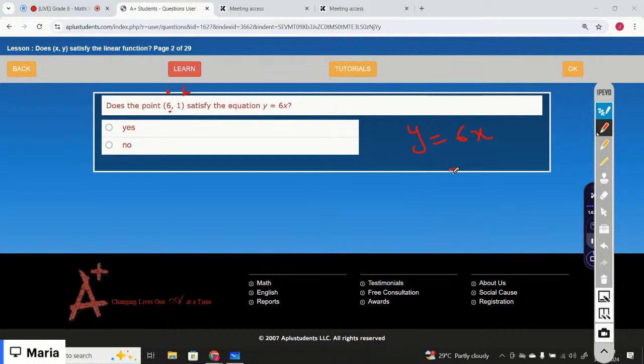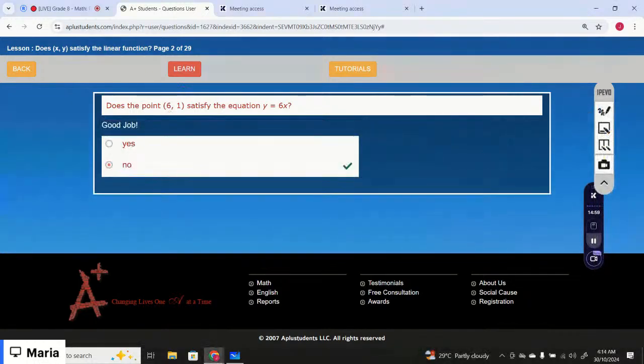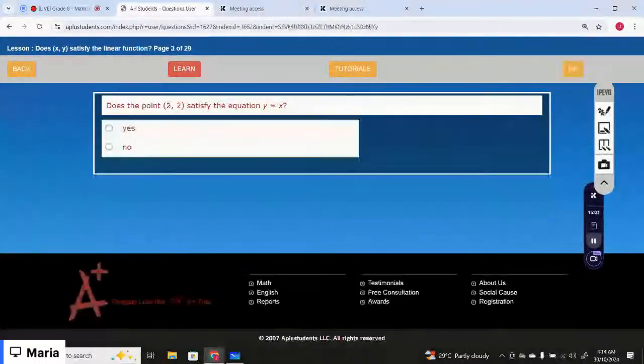So x is 6, y is 1. 1 is not equal to 36. So the correct option is no. Option number 2 is the correct option. Does the point 2 satisfy the equation y equals x?